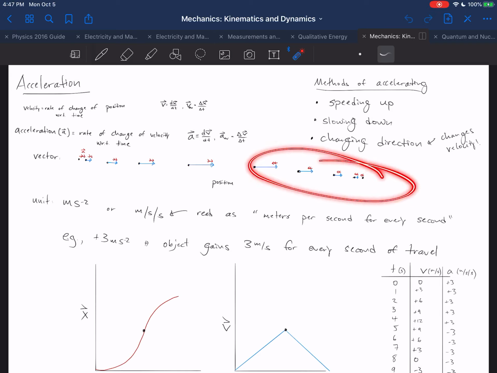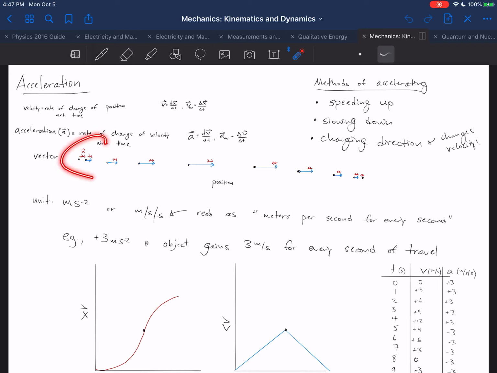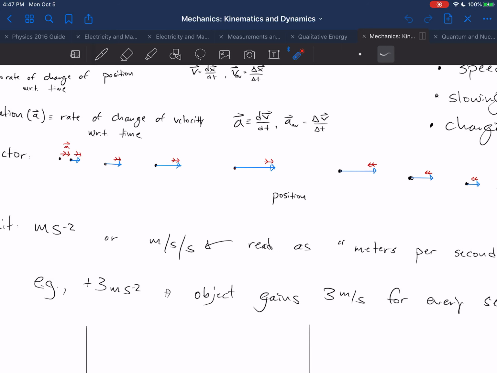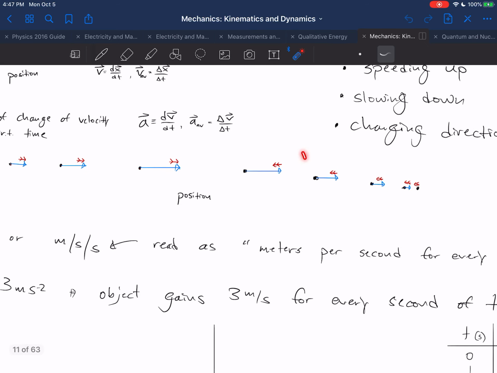And as they decrease in magnitude, that's the slowing down part as they decrease in length. Notice that the acceleration can be used to represent the change in the velocity. So you can imagine applying this little acceleration arrow to every velocity vector here to get the next velocity vector. Each time this constant acceleration adds to the velocity vector, and then in this region, the acceleration subtracts from that velocity vector until the object comes back to a stop.